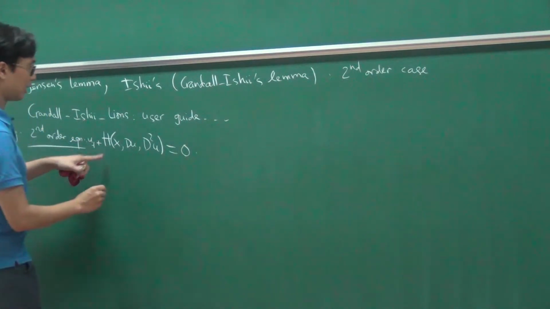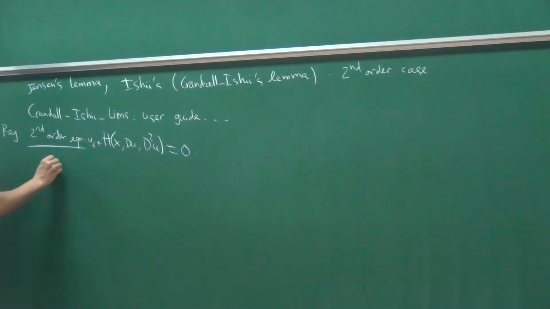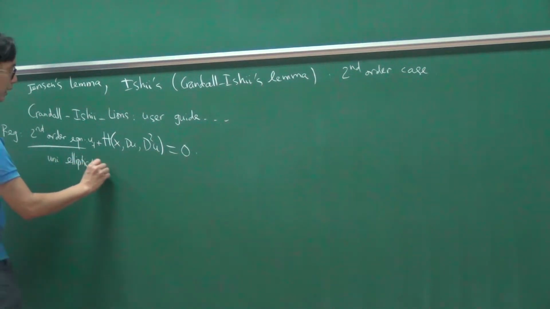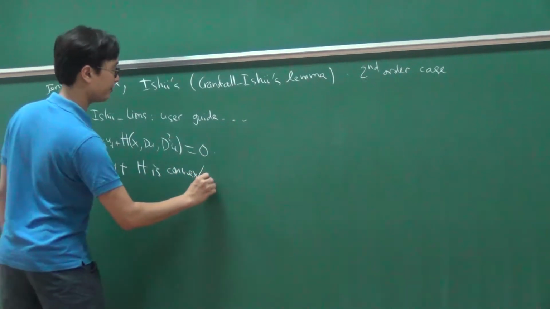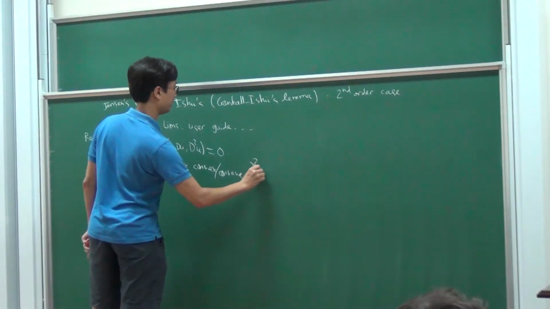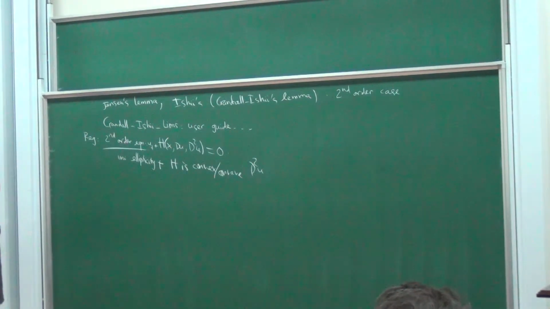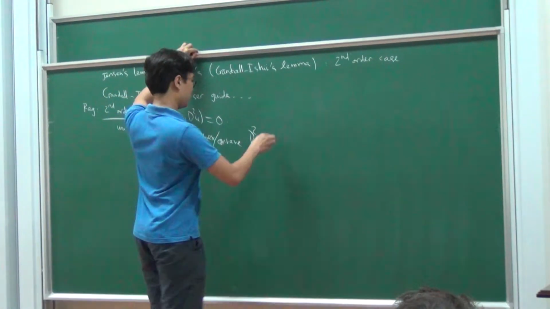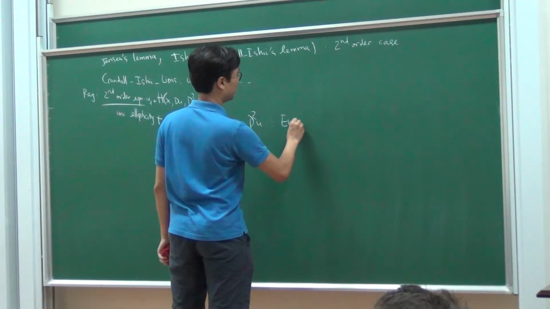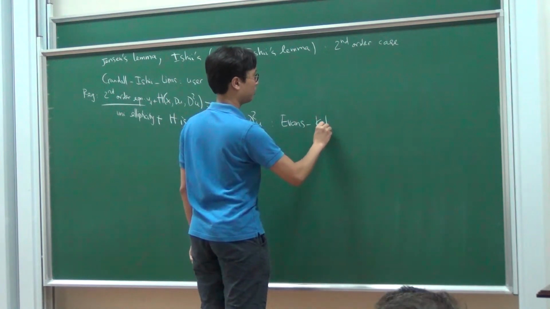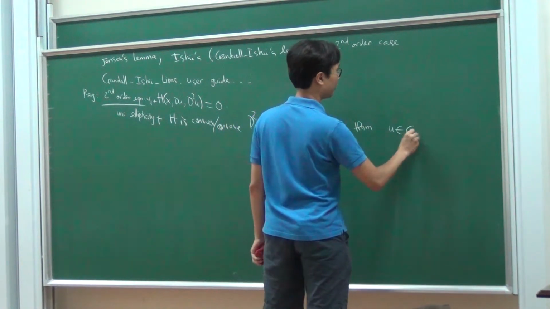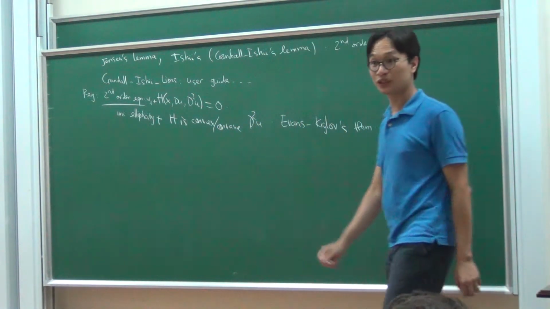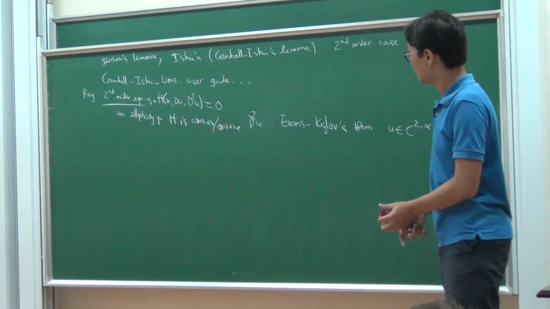But if we have the case of uniform ellipticity, and if H is convex or concave in the Hessian variable, then there is a famous theorem called the Evans-Krylov theorem, that says that the solution is C2 alpha. So we have a classical solution. This is not easy.